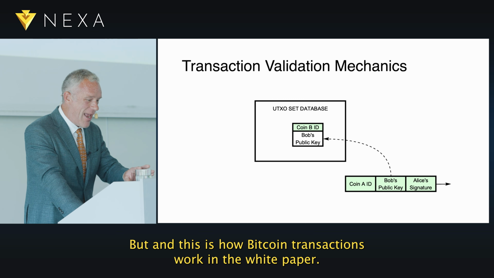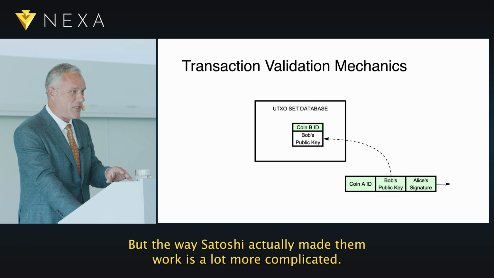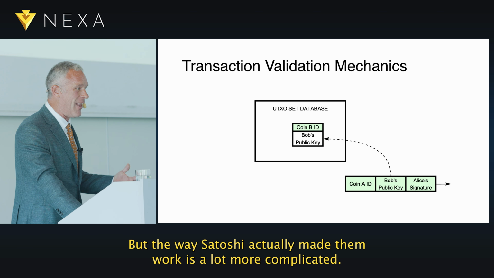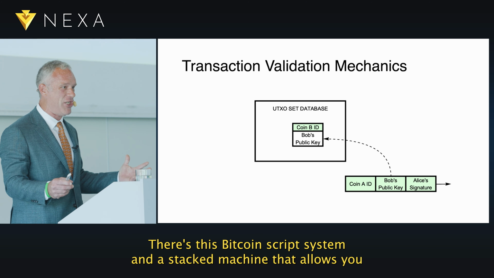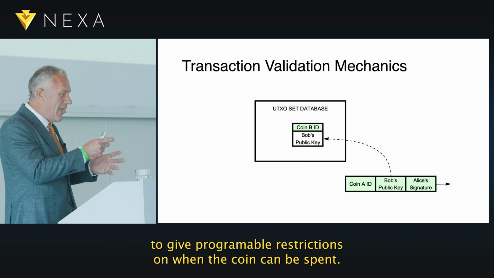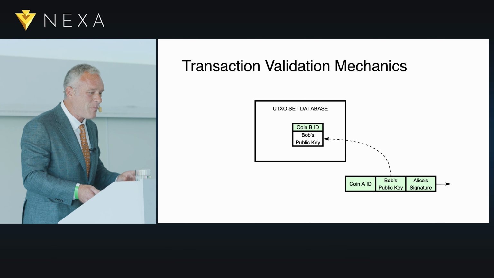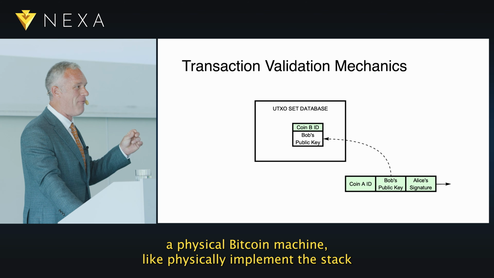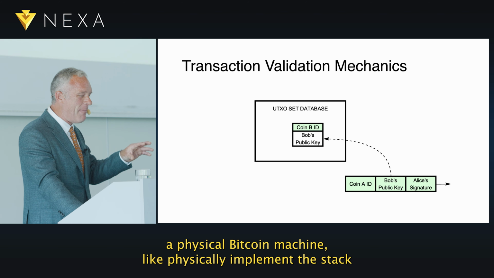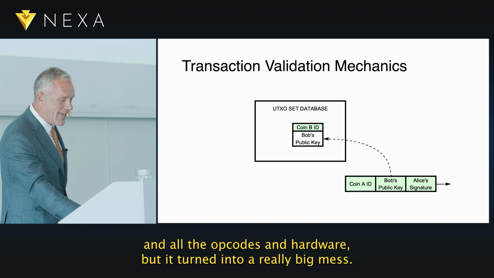And this is how Bitcoin transactions work in the white paper, but the way Satoshi actually made them work is a lot more complicated. There's this Bitcoin script system and this stack machine that allows you to give programmable restrictions on when a coin can be spent. So I was trying to make a physical Bitcoin machine, like physically implement the stack and all the opcodes in hardware, but it turned into a really big mess.